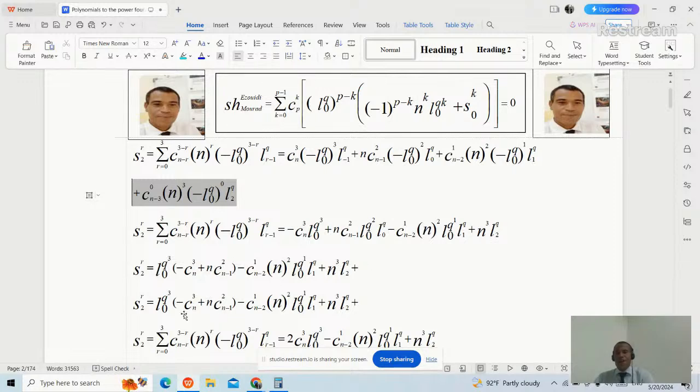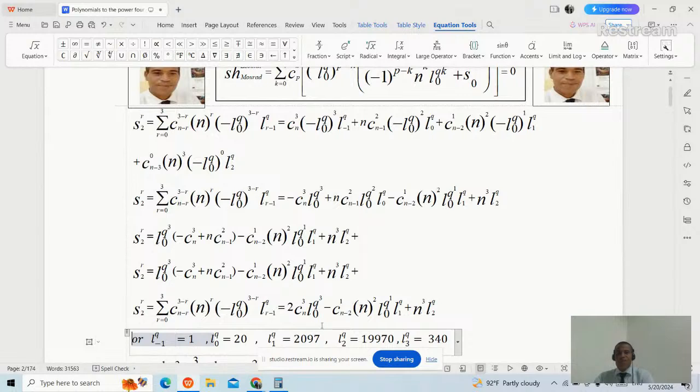Okay. Now, after calculation, learners, we put this into a common factor. We find this one is equal to this: minus n choose 3 plus n minus 1 choose 2, in fact, is equal to 2 combination n choose 3 times what?